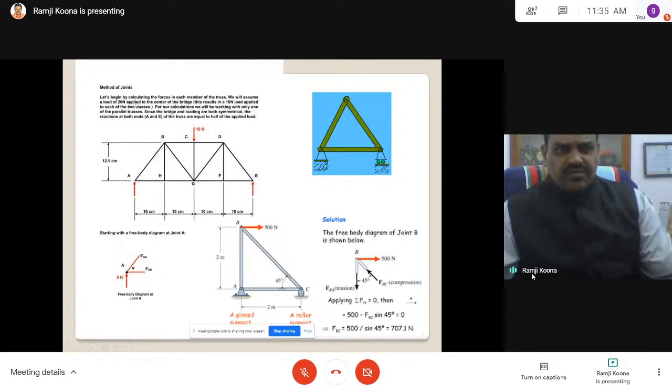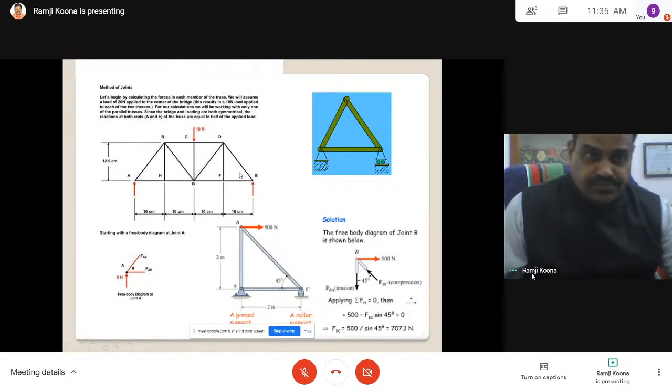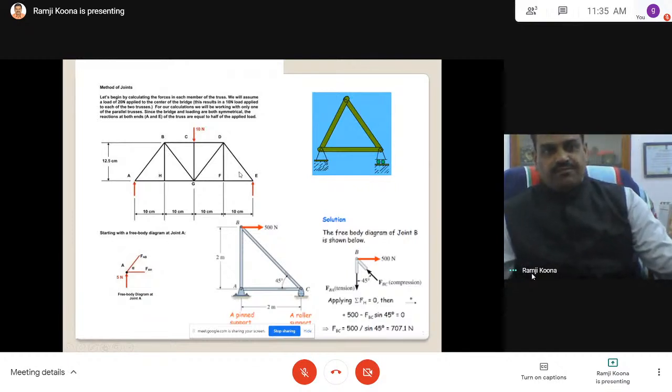Similarly, we can try the method of joints for this type of truss. Suppose you see here the joints: 1, 2, 3, 4, 5, 6, 7, 8 joints are there.